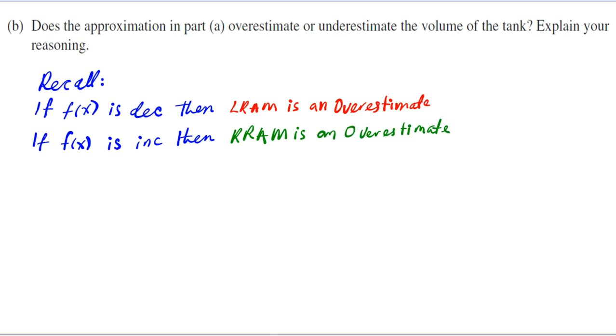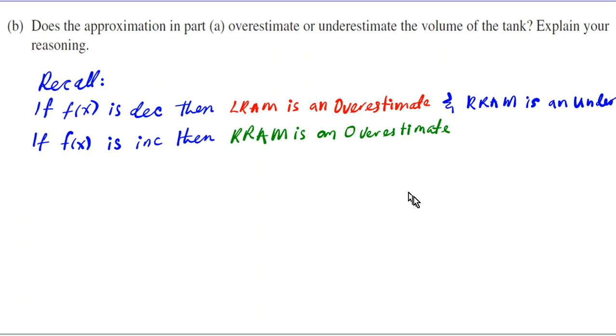Alright, so additionally, if f of x is decreasing on an interval, LRAM is an overestimation, and RRAM is an underestimation.